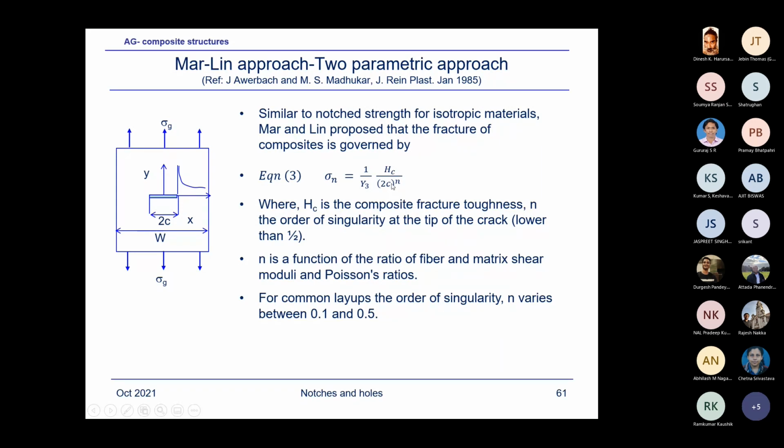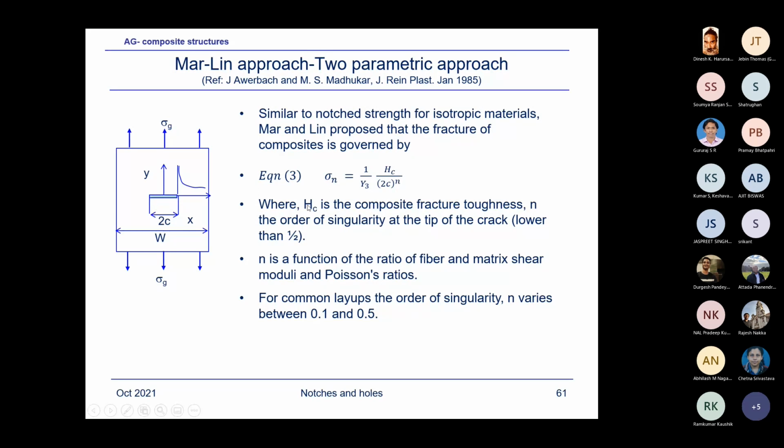The important parameter is C, of course. So they use this, and instead of the under root, that is the 1/2 singularity, they put a parameter n, which is different from 1/2.